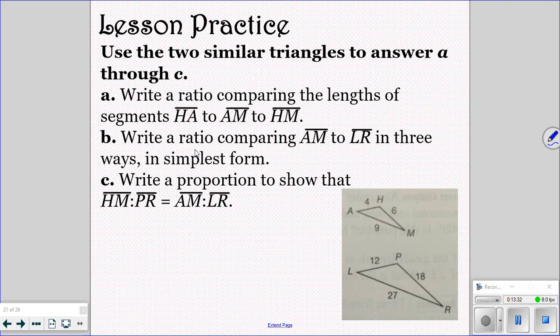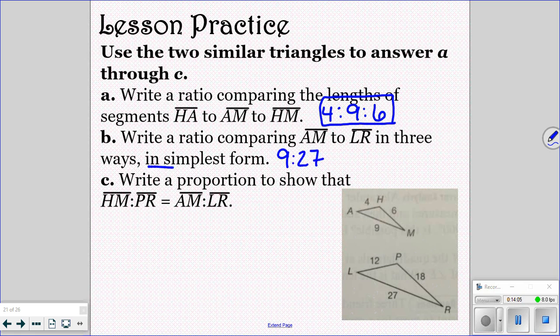So let's see if you can do these 3 practice problems. So you should have 4 to 9 to 6. For B, AM is 9 and LR is 27.